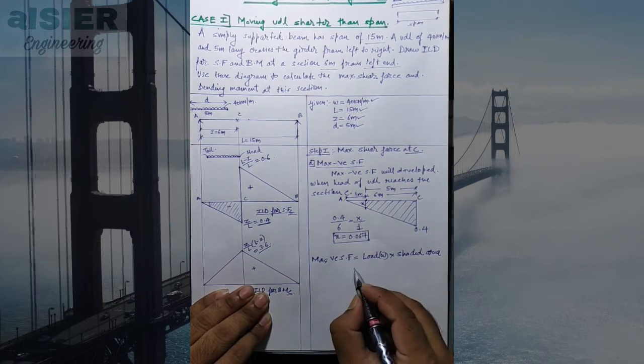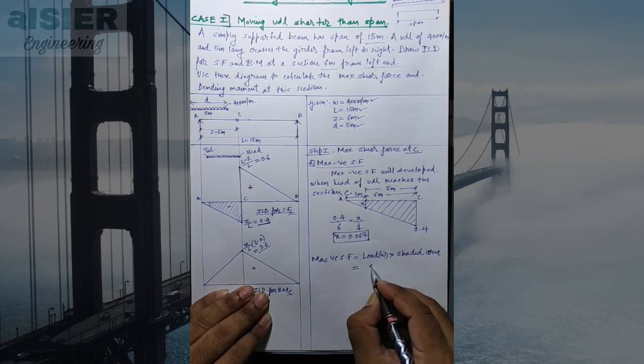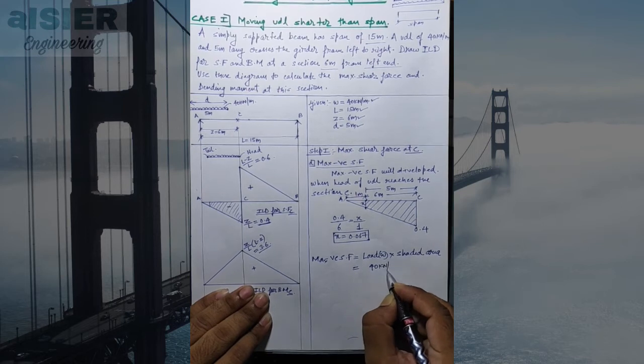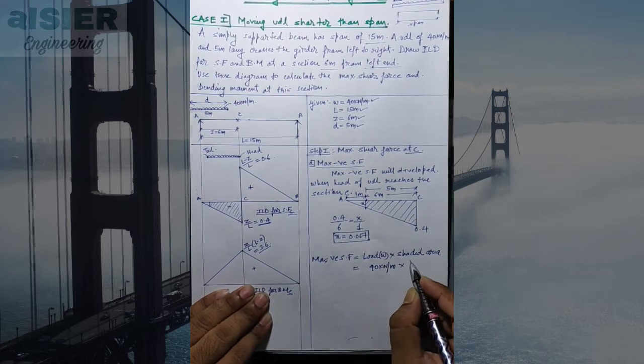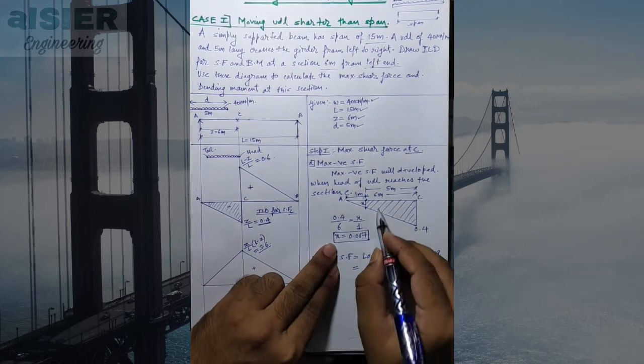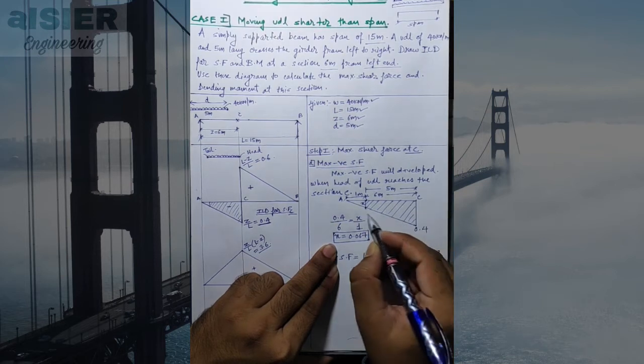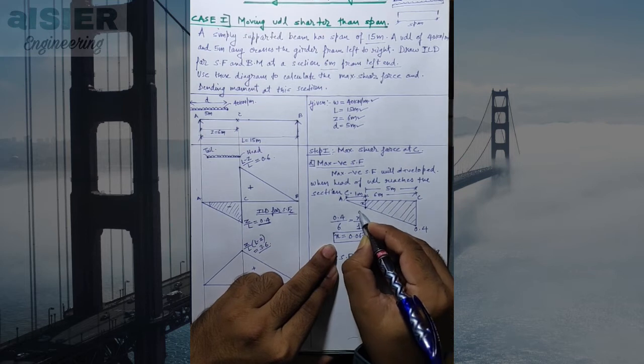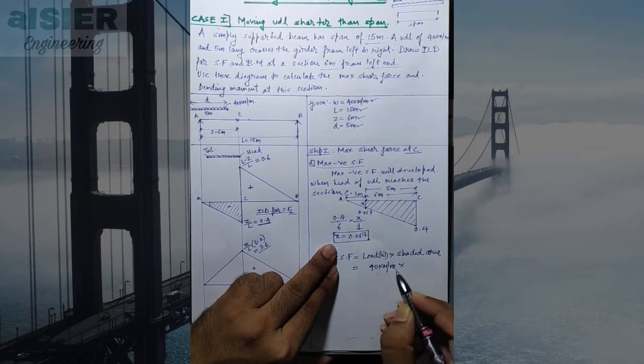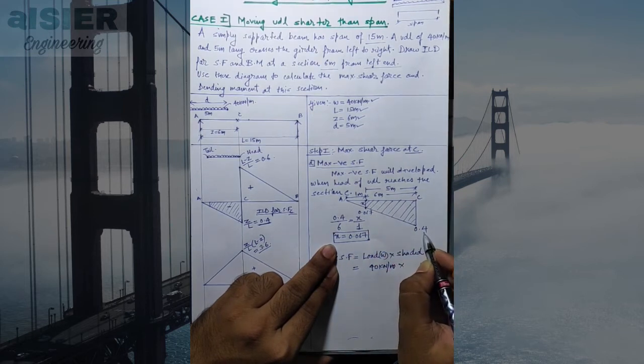We know load W is 40 kilonewton per meter. Now the shaded area is trapezoidal, right? The formula is sum of two parallel sides divided by 2 into height. So these are the two parallel sides: this side is 0.067 and this side is 0.4.